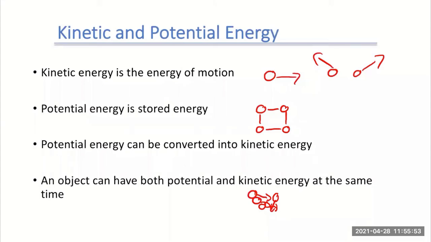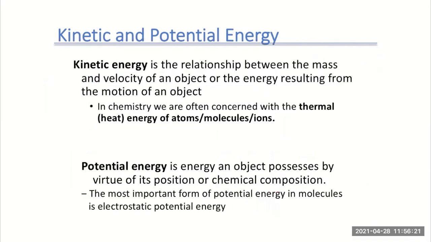We can always convert between potential and kinetic energy. If we cool those molecules down, they go from moving around a lot and start slowing down. When they start slowing down, they lose kinetic energy and start gaining potential energy. Kinetic energy is the relationship between mass and velocity of an object.